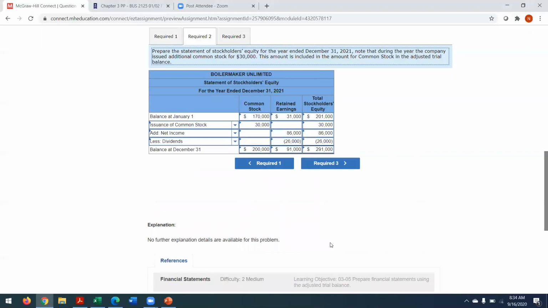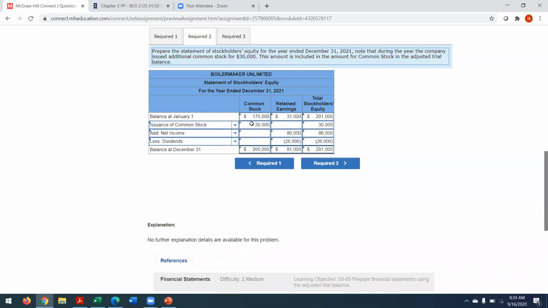Then, as far as our statement of stockholders' equity, we're going to add our net income into the retained earnings portion, as you see here, and we will subtract our dividends under the retained earnings portion. So we know our balances. It told us the company had issued additional common stock for $30,000. So we know that the ending balance in the common stock was 200.